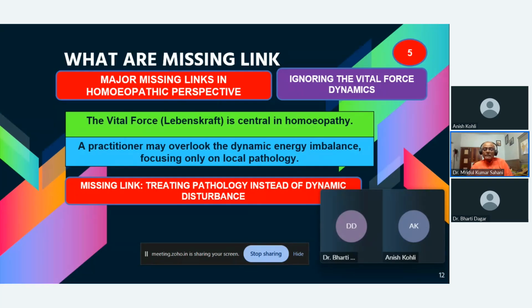So you are treating pathology instead of the dynamic. The pathology is removed only after you remove the dynamic disturbance. When you do it the opposite way, taking care of the pathology, you will be missing the vital force. And if you take care of the vital force, you will remove the pathology also.